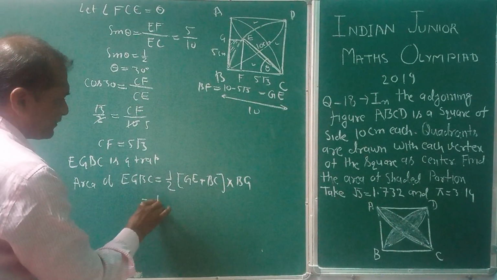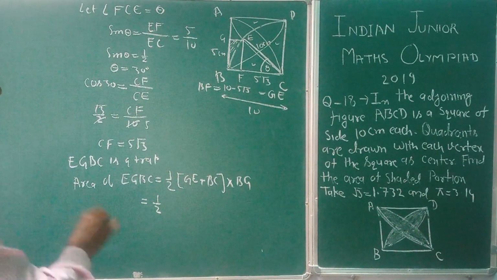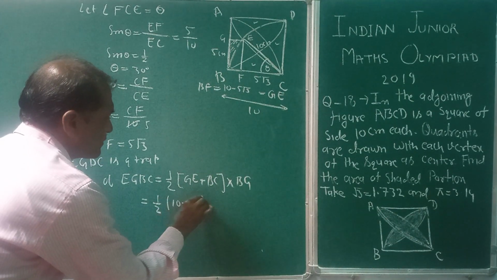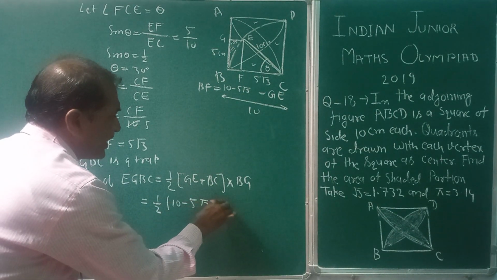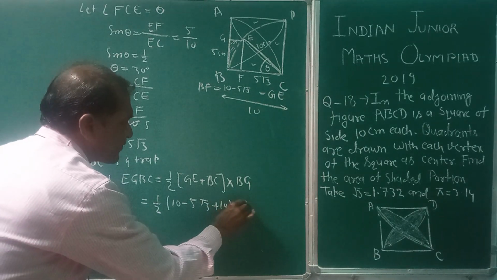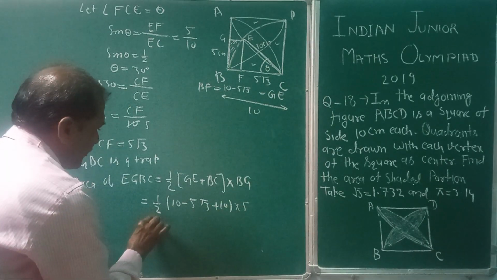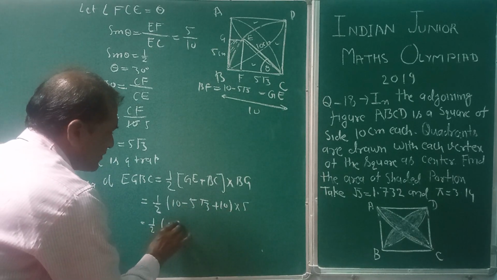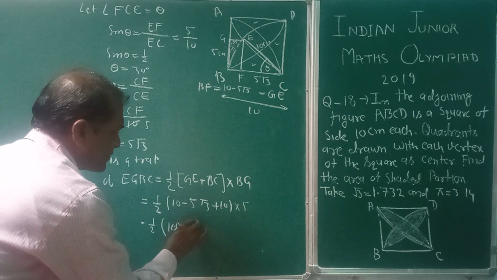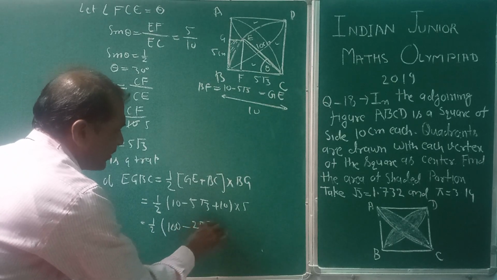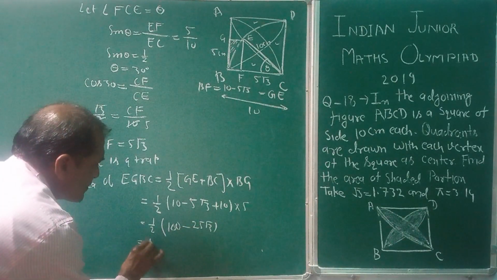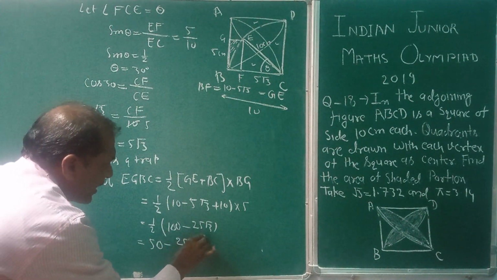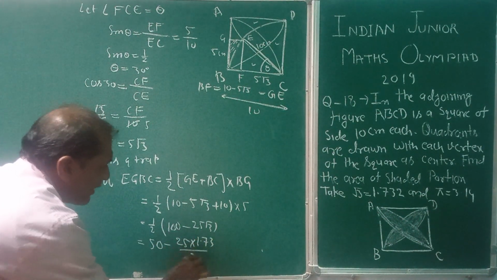So it is half times, this is 10 minus 5 root 3. BG length is 10 and its length is 5. So 1 upon 2 times, this is 100 minus 25 root 3. So it is 50 minus 25 root 3, and the value given is 1.73, divided by 2.